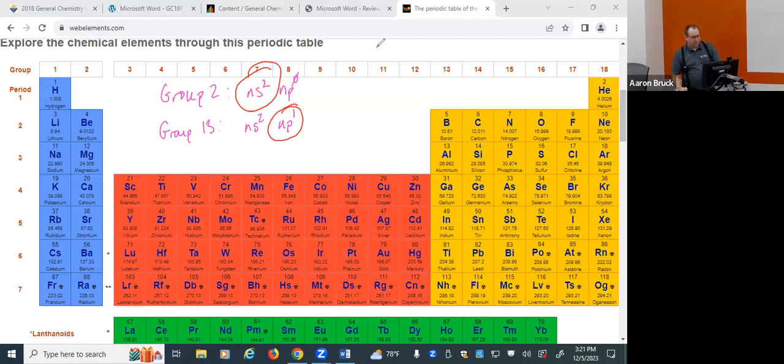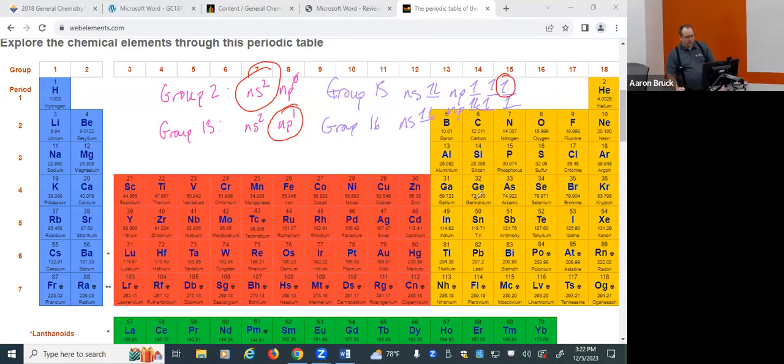Now for those, I'm going to show you the line notation. Logically speaking, very similar.